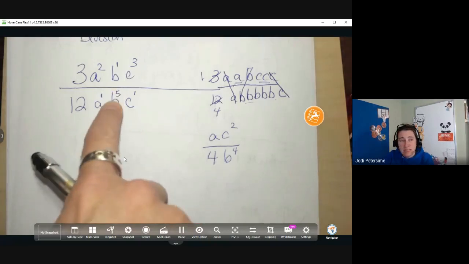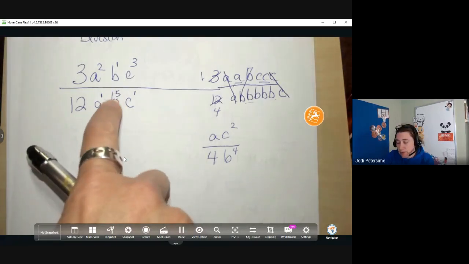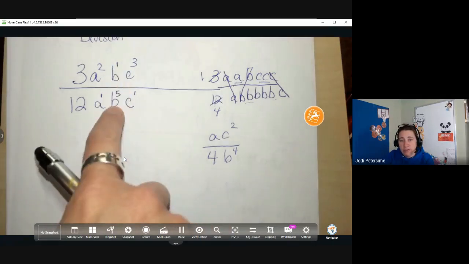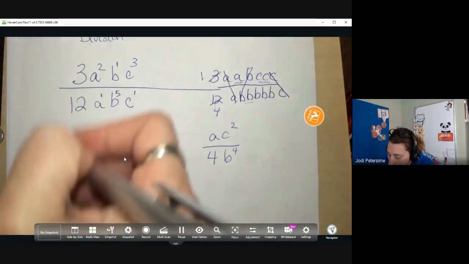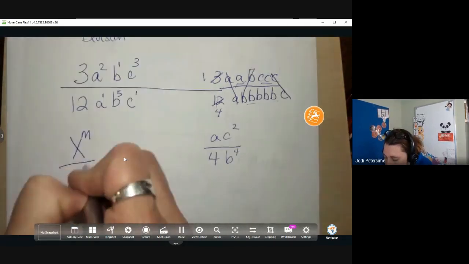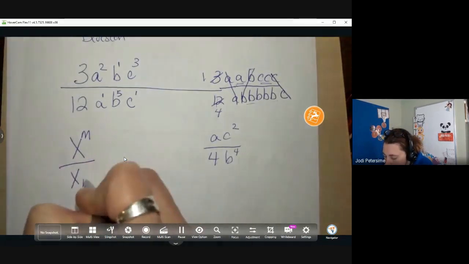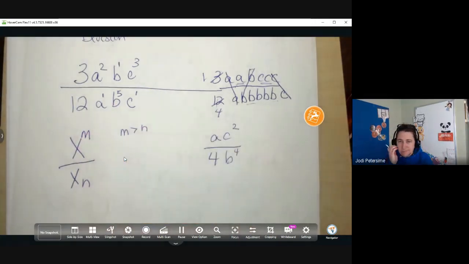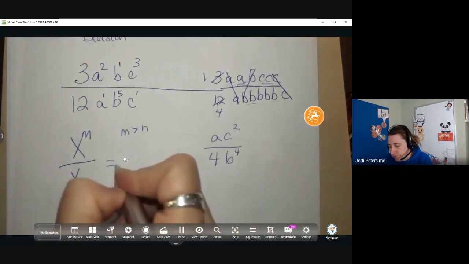So I had more b's in the bottom. So they're going to be down there, and I have only one b up top. So most of them are going to land there. So what would our rule be then if I have x to the m over x to the n, and we're going to say m is greater than n. So this, I have more up top. What would that equal?